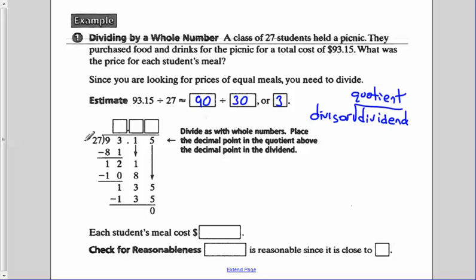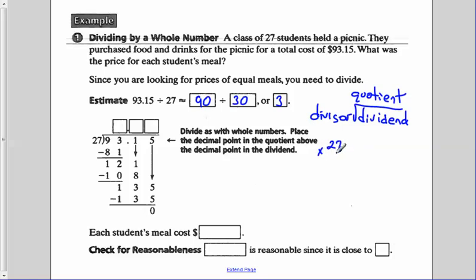So when we look at 93 and 15 hundredths divided by 27, well, they've already done the work, but we need to plug in our quotient up here. So let's figure out how many times 27 goes into 93. Well, this is where you would need to do some guess and check.